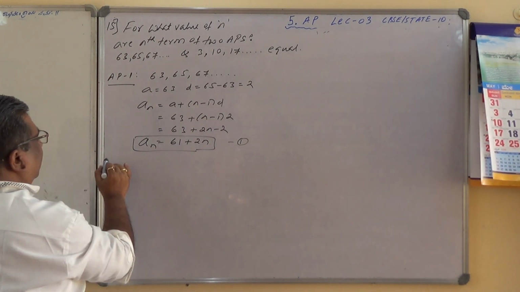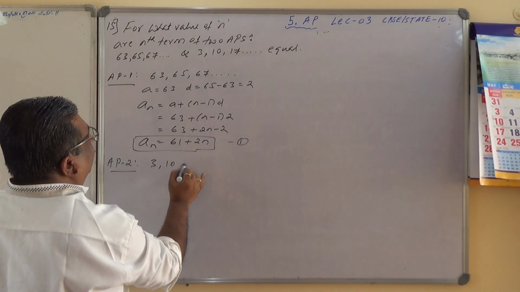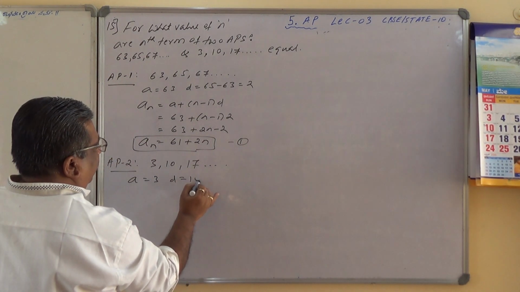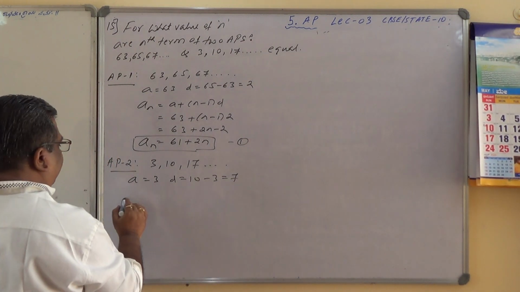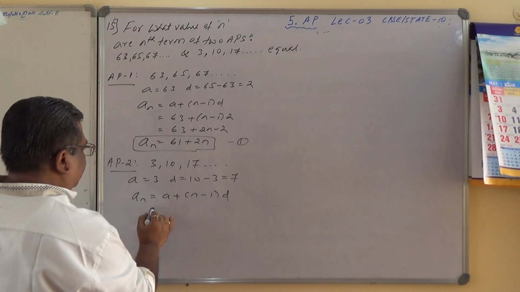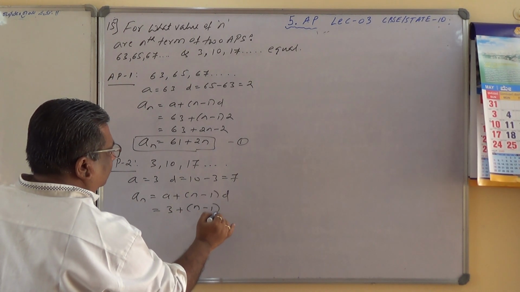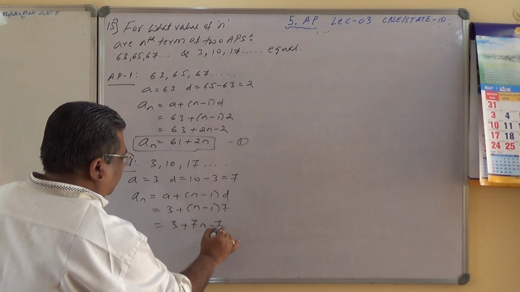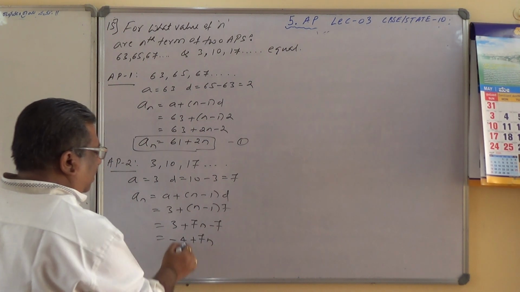Mark it 1. AP2: 3, 10, 17, and so on. So A equals 3, D equals 10 minus 3, which is 7. The nth term here is an equals 3 plus (n minus 1) times 7, which is minus 4 plus 7n.